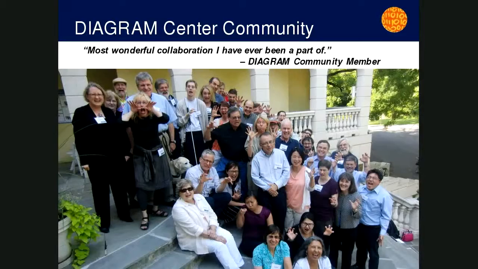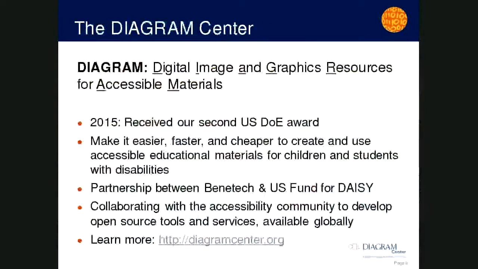When the Diagram Center first started 5 years ago, Diagram stands for Digital Image and Graphics Resources for Accessible Materials, it was basically to address how to make images found in STEM content available.